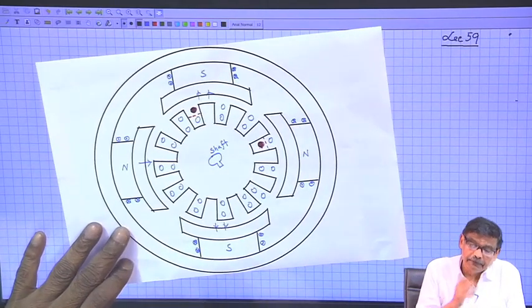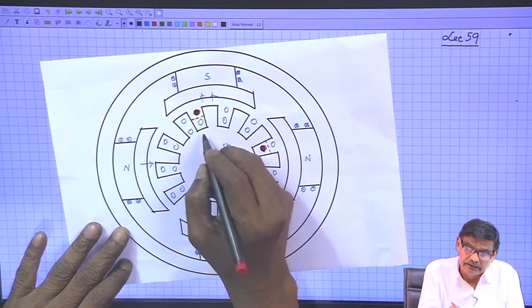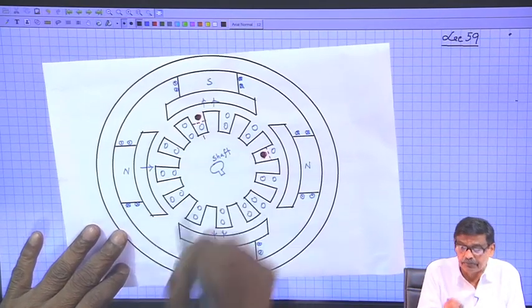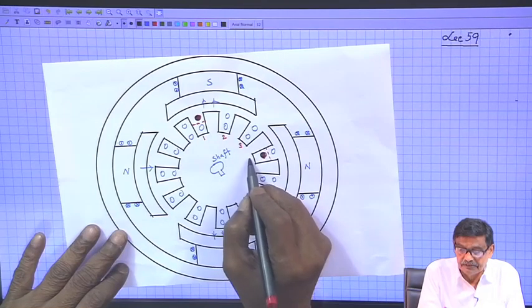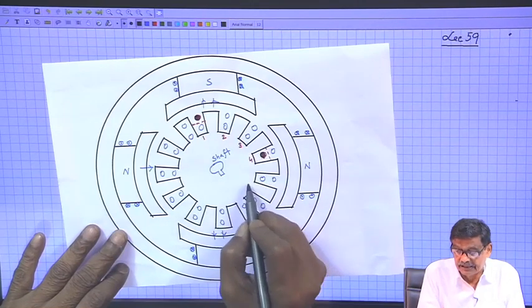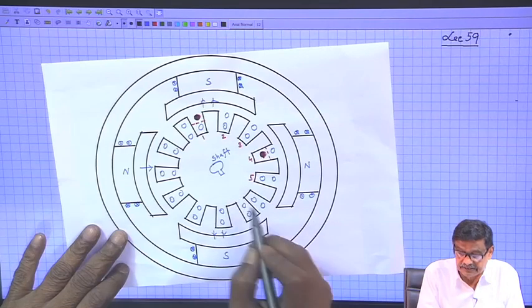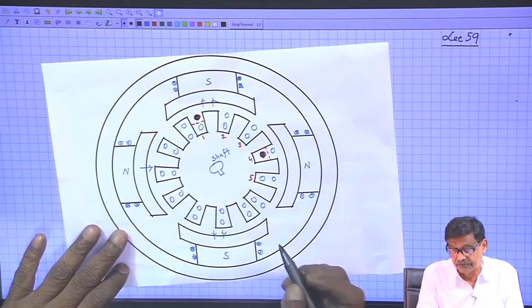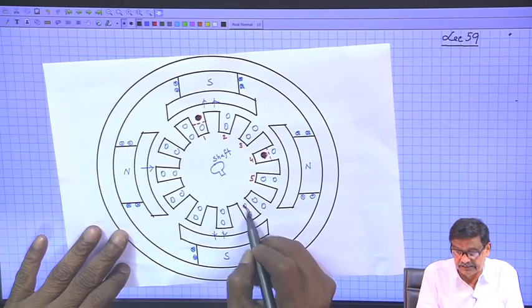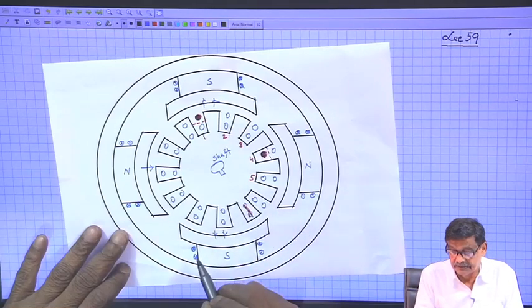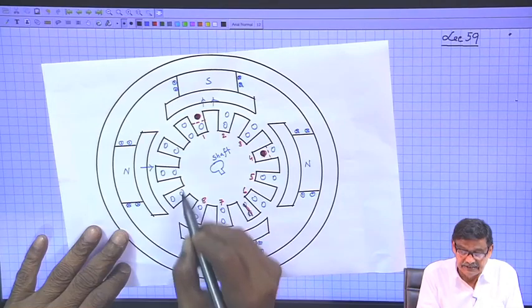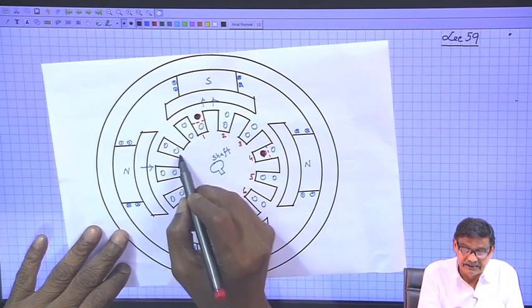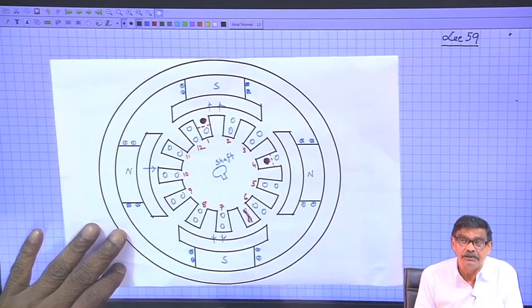For example, if I say the slot numbers, suppose 1, 2, 3, 4, then 5, 6, oh, I am sorry, this is the teeth, 5, 6, 7, 8, 9, 10, 11, 12, is it not?